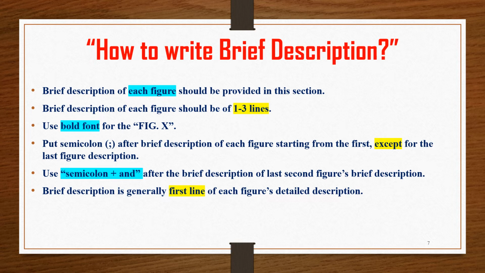That means you have to use the punctuation mark plus and operator after the brief description of the last second figure's brief description. Fine. The next point is brief description is generally the first line of each figure's detailed description. So I hope all the points are clear and this is the process to write a brief description. Fine.